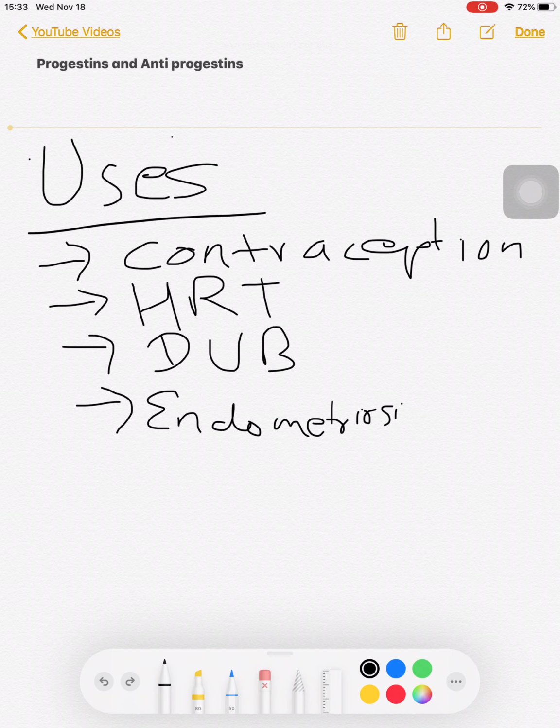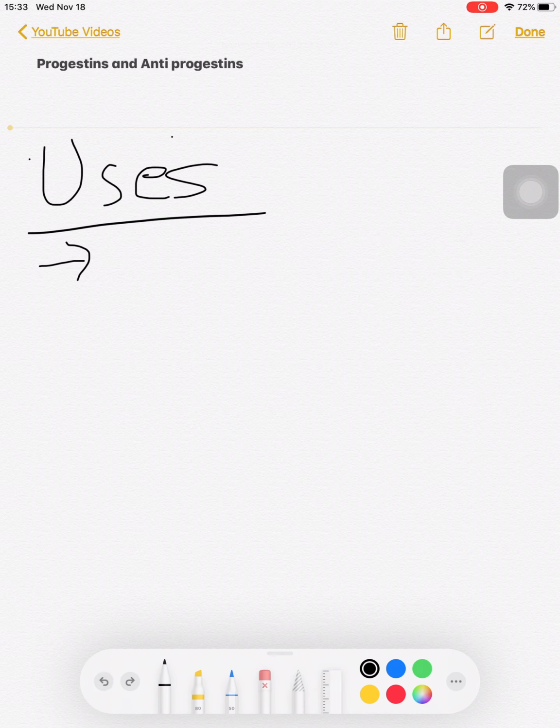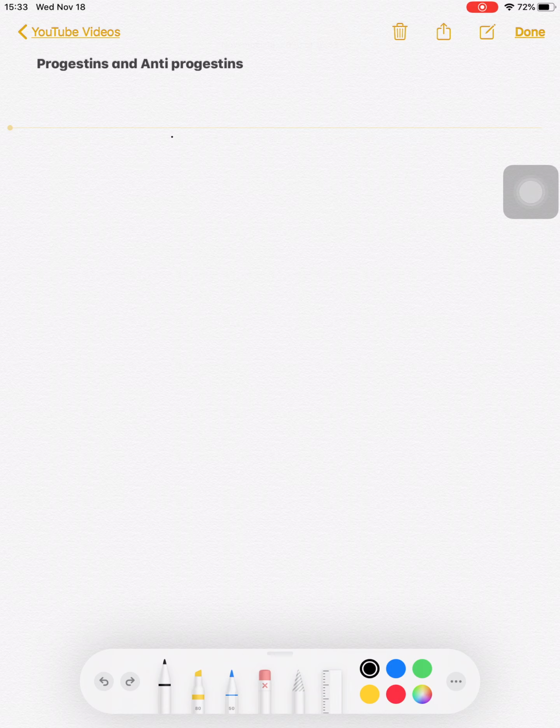What are the side effects of progestins? Since it has an anti-estrogenic feature, it increases LDL, thus increasing the cardiovascular risk.